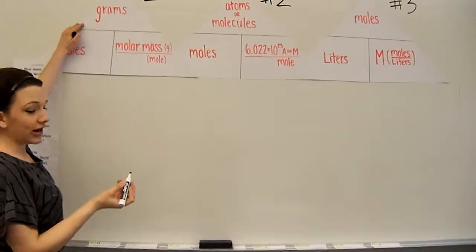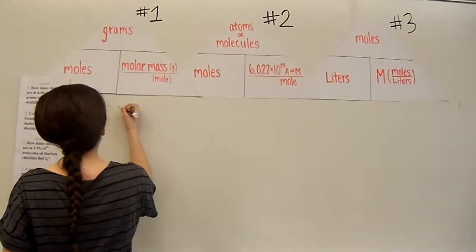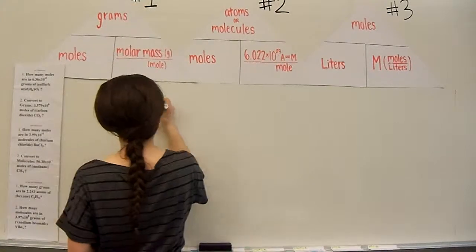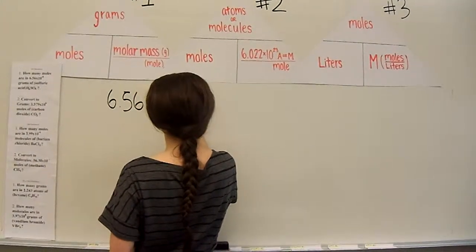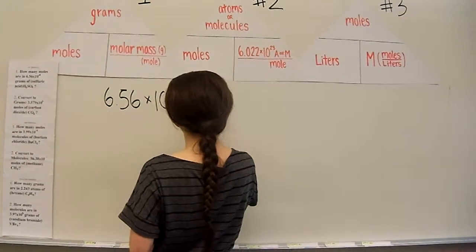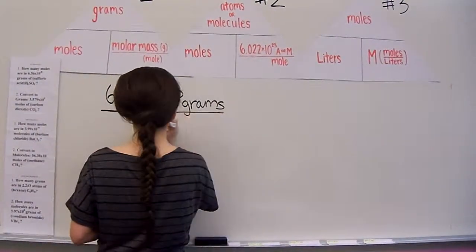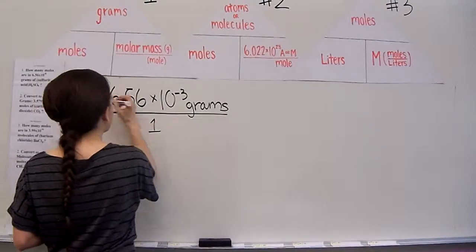So it gave us the grams, so we have 6.56 times 10 to the negative third grams, and we are going to put that over 1.